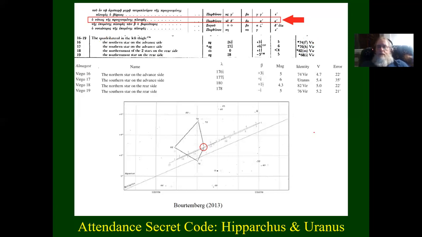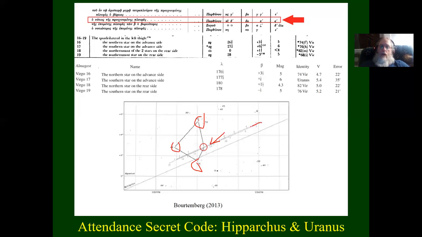However, if you look at where the planet Uranus was around the time Hipparchus would have been observing in the 120s BC, and Uranus is barely visible to the unaided eye, it turns out that based on the positions Ptolemy gives for Hipparchus's catalog, here, here, and here are the other 3 stars, and then right about there is the 4th one.